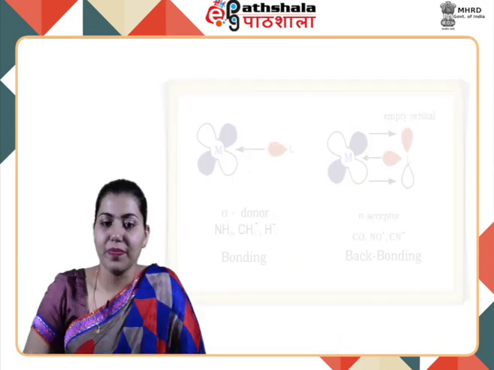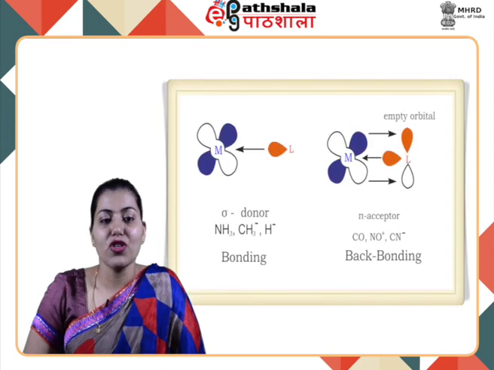This type of bonding has been depicted in figure 3. Hence, for such ligands, the normal bonding along with the back bonding takes place. The bonding is synergic with respect to the back bonding.